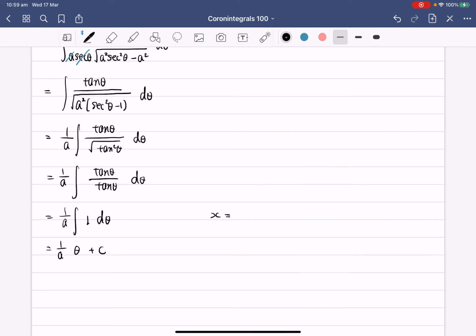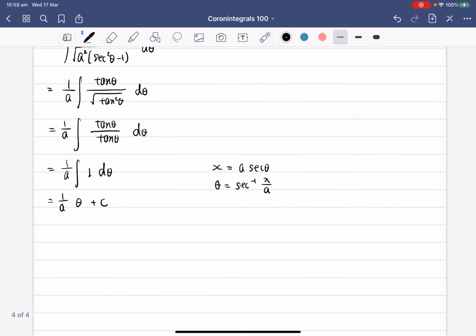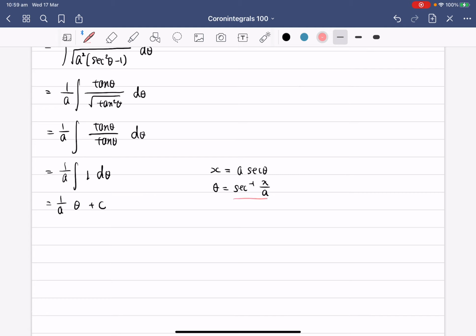We know x is equal to a sec theta, so theta is equal to sec inverse of x over a. Substituting this back into the theta, we get our answer: 1 over a, sec inverse of x over a, plus c.